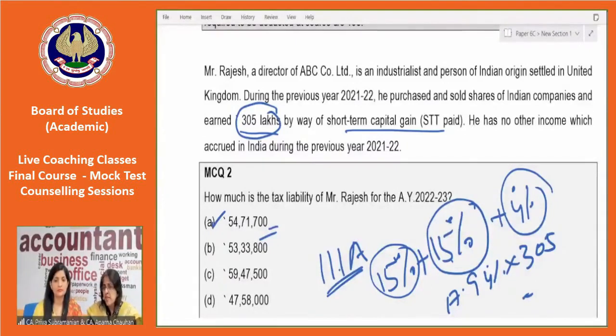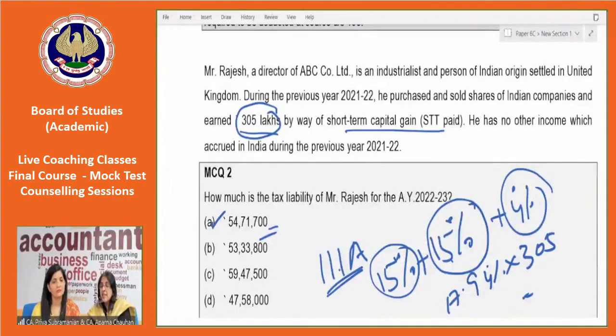Facts you need not be bothered about, you need not repeat the facts. Remember that you'll be running short of time when you're solving a case study. So see the requirement of the question and the marks it carries before you answer any question. Many of the questions are for 3 marks, 4 marks, and you just come to the main answer, the crux of the answer. Your basic points of arguments must be clear before that.